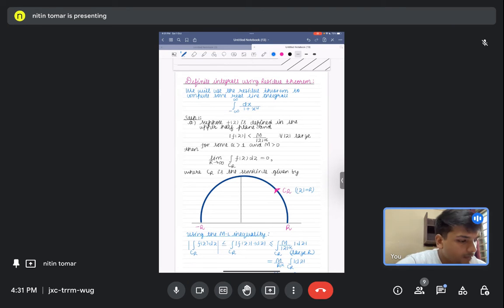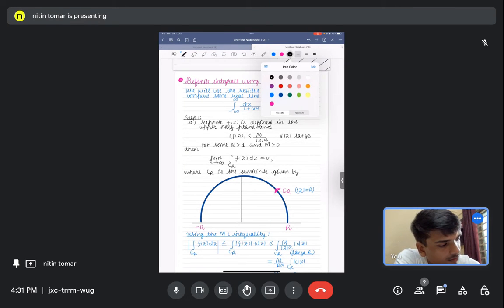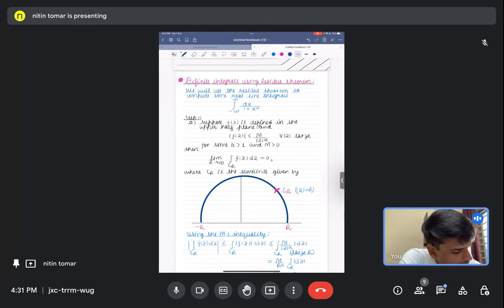Any other problem in this line integral? Please tell.